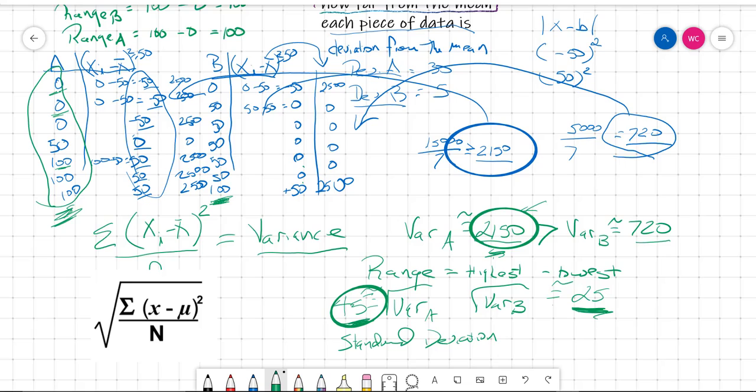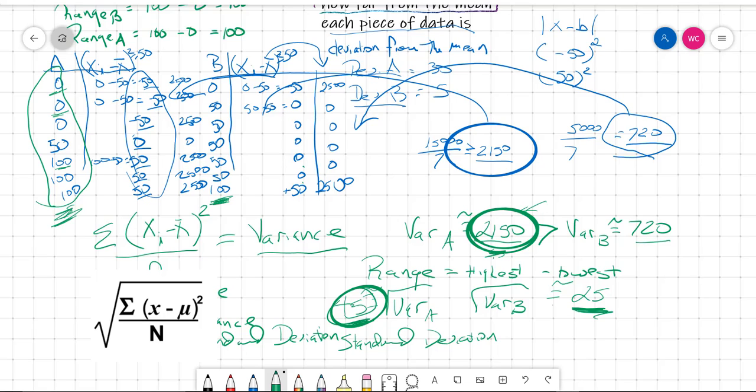First is the range, the second is the variance, and the third is the standard deviation. The standard deviation and the variance are basically the same thing. They're calculated nearly exactly the same way and contain basically the same information, but of course they're not the same. The standard deviation was 45. The variance was this.